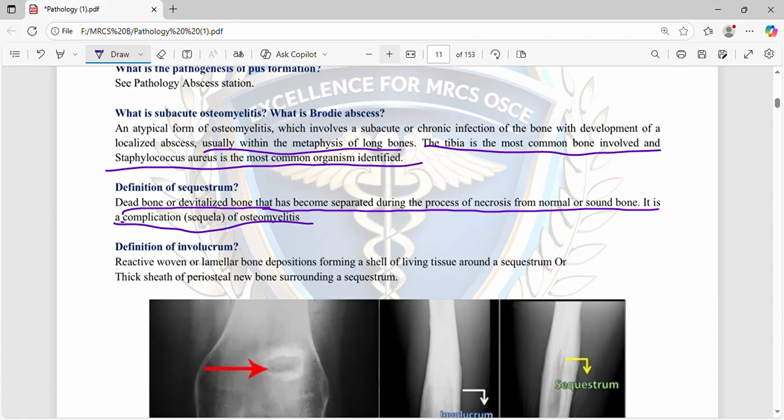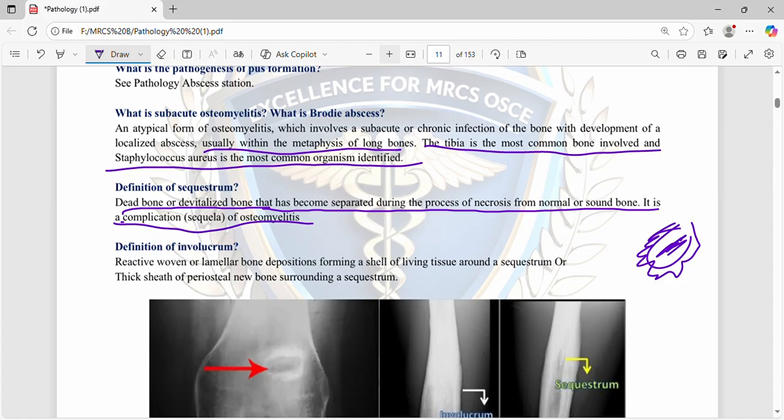So when there is dead bone and it sloughs off, there is reactive bone formation. This reactive woven or lamellar bone deposition forms a shell of living tissue around a sequestrum, or a thick sheath of periosteal new bone.